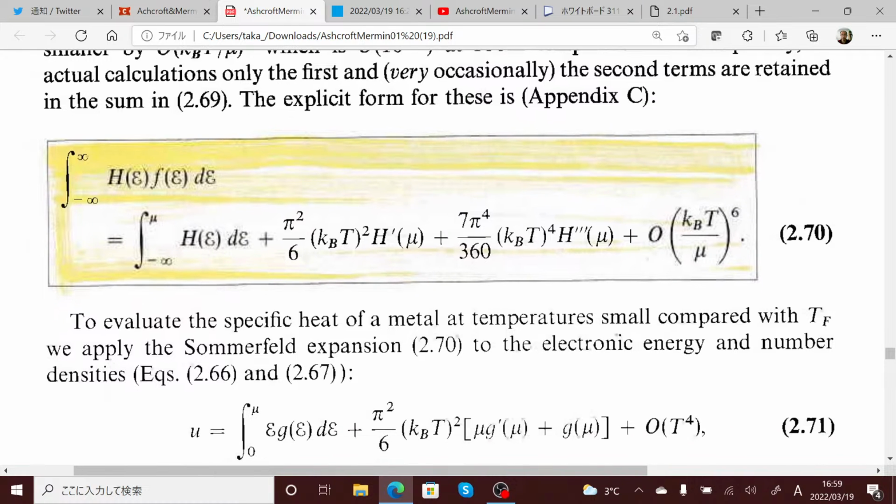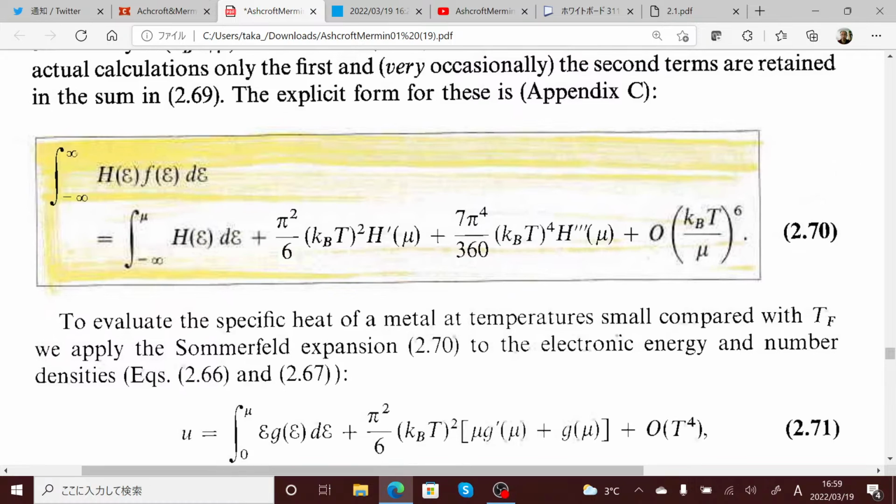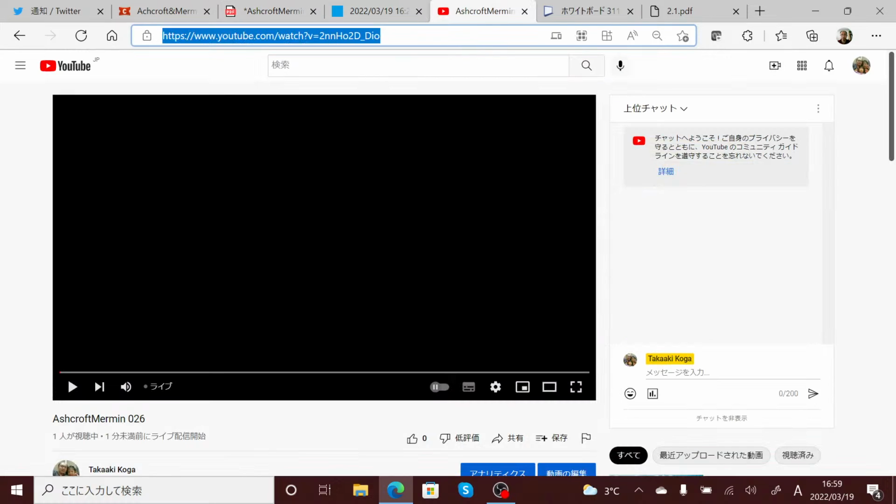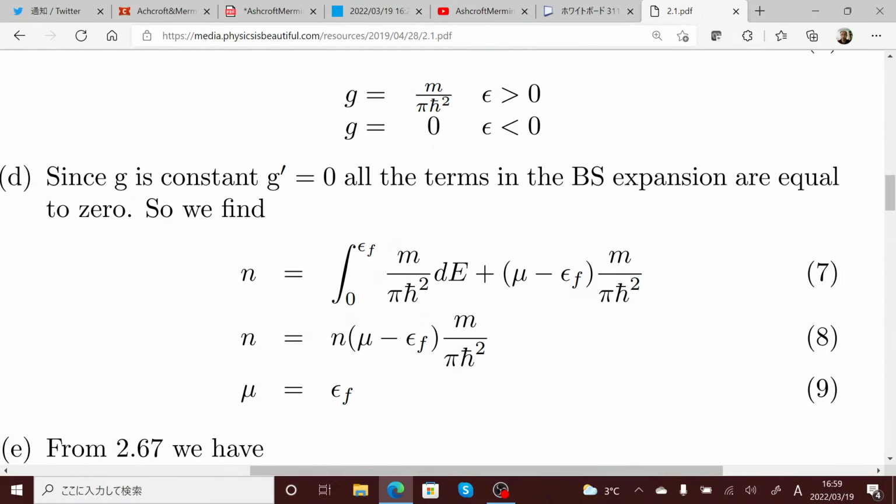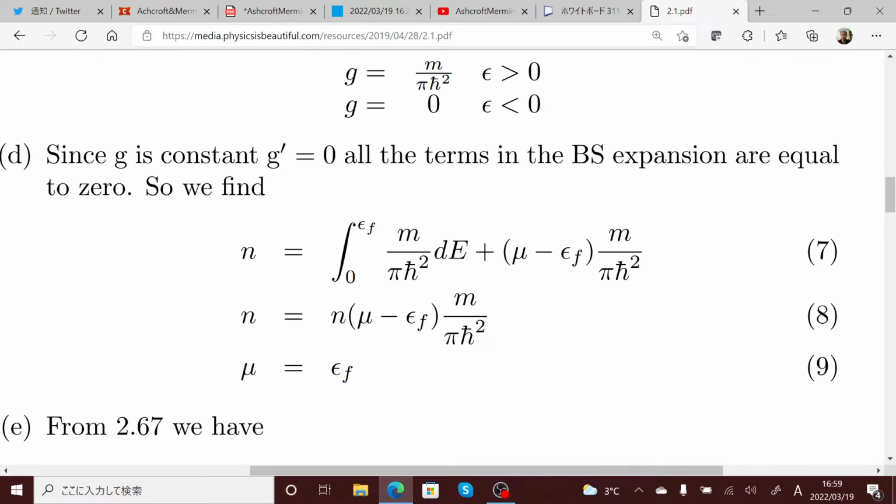We apply the Sommerfeld expansion. All the terms in the expansion are equal to 0. We find n.